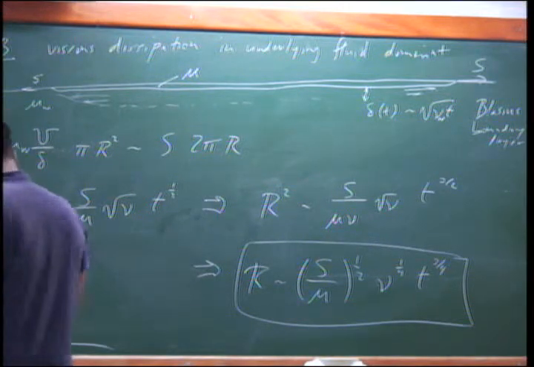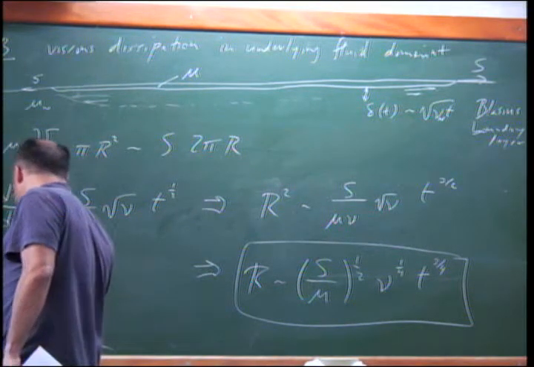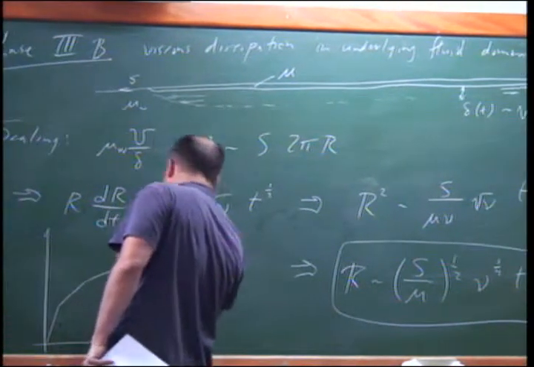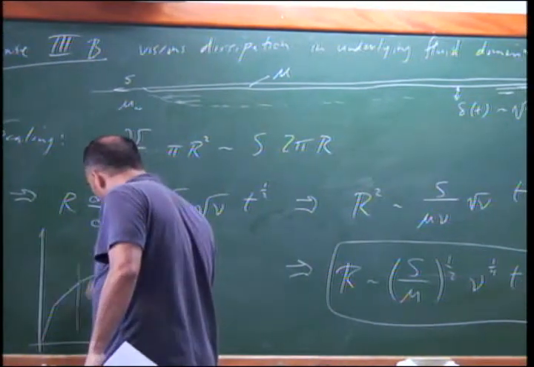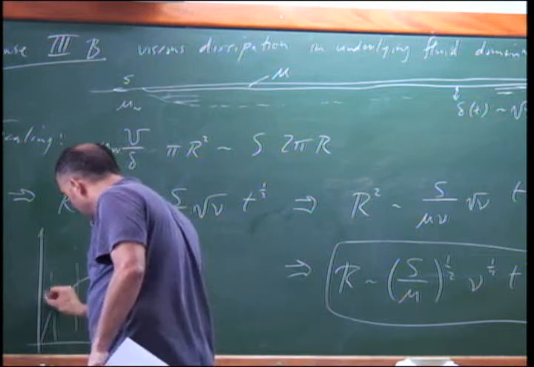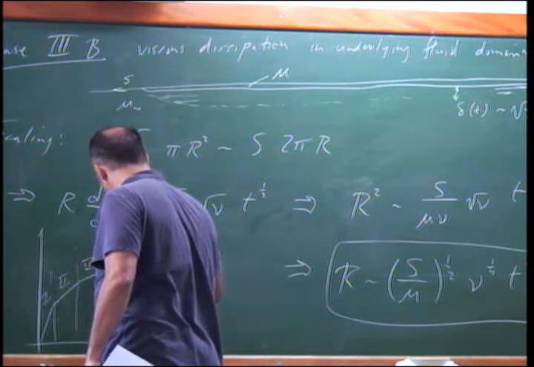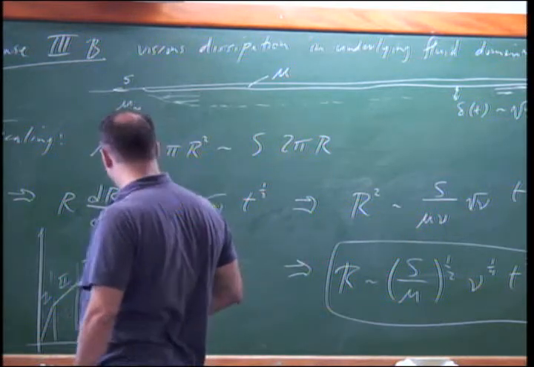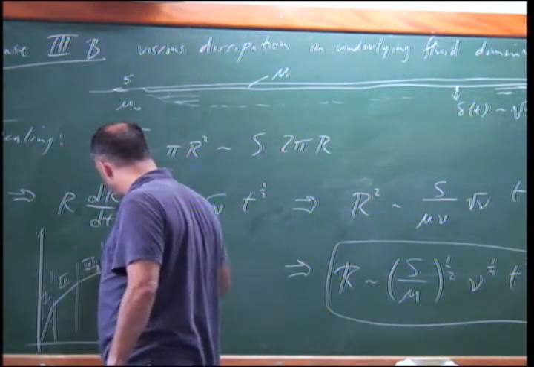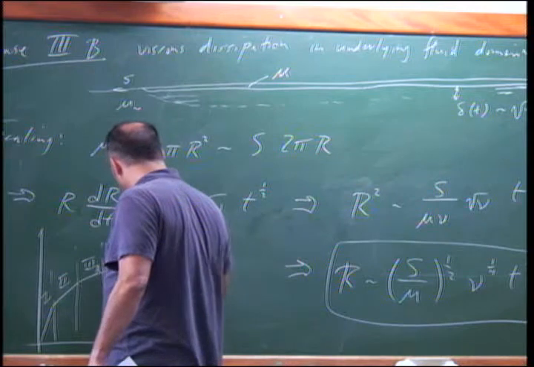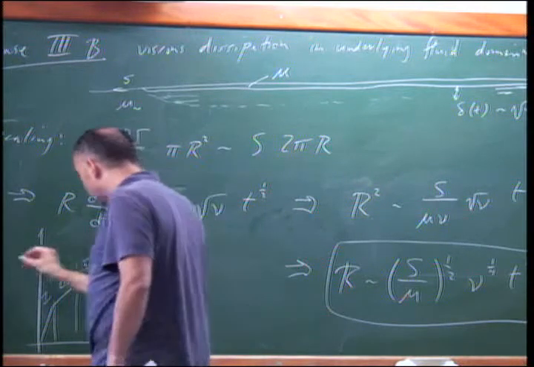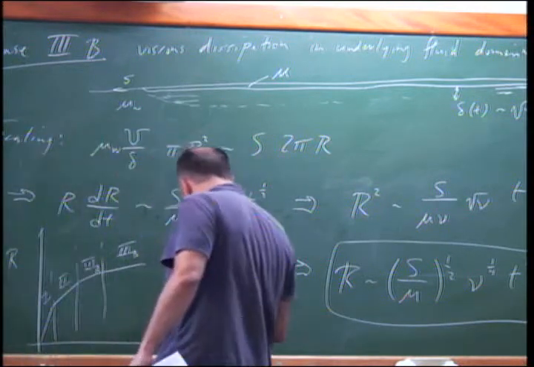You see the distinct regions, actually 3A, 3B. So this is R as a function of time.